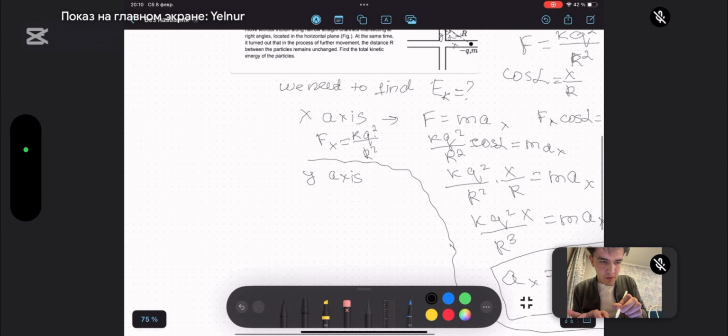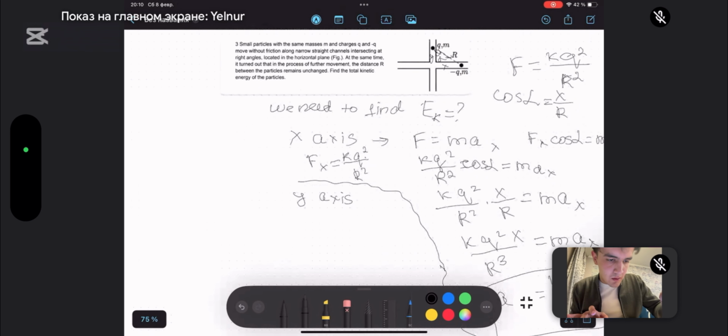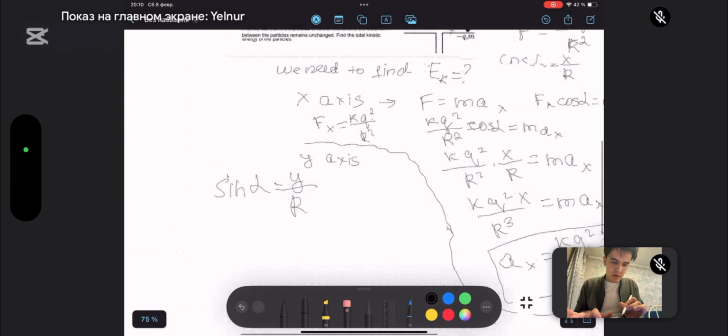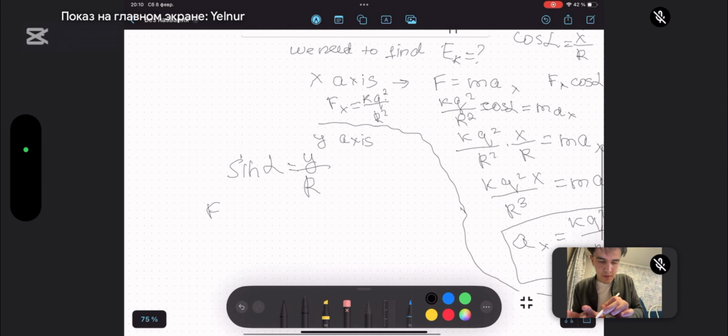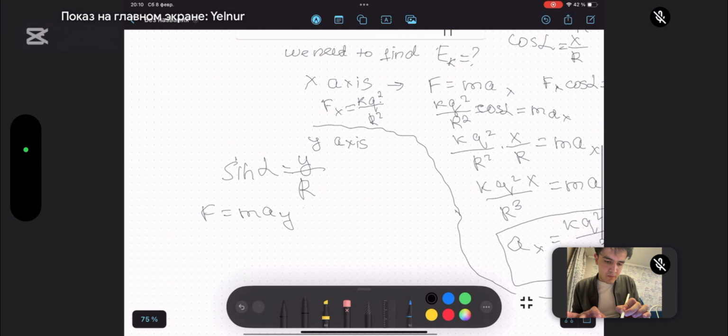Our sine alpha will be equal to y over r, and then we work similarly as along the x-axis. Our force on the y-axis F equals m a y, and this will be equal to F y sine alpha.